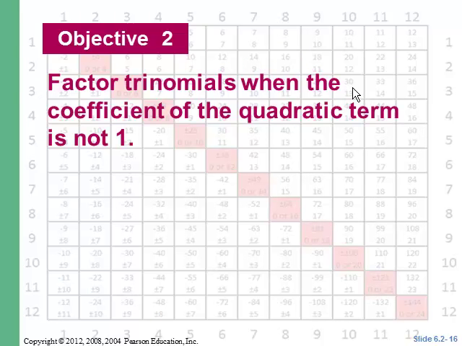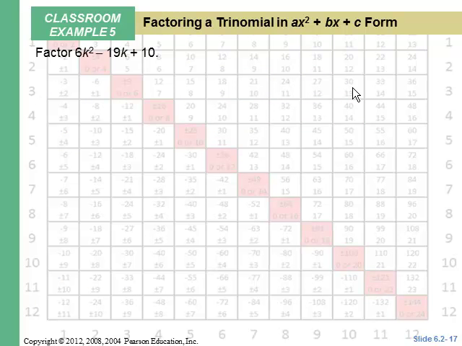Now, when the quadratic term is not 1, we have a different process that we go through. Before we can factor it, we still use our factoring table, but the difference is we multiply the first and last terms together, 60, and we're looking for that as the middle term. So we're looking for 60 and 19.